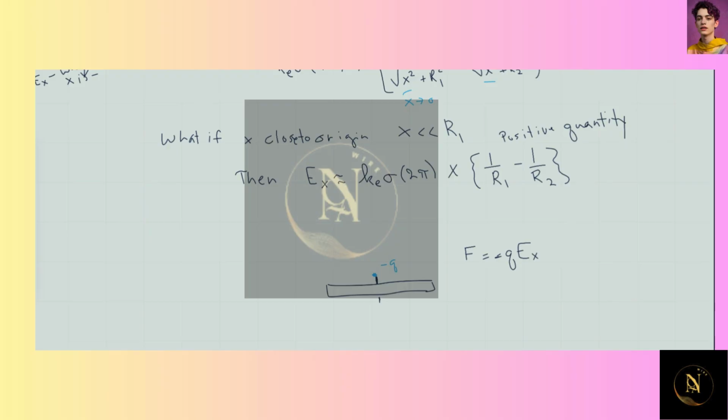And that is a restoring force. We probably want to keep it at the origin to begin with and then displace it by a small amount up above the axis, for example, and the electric field will pull it back down.